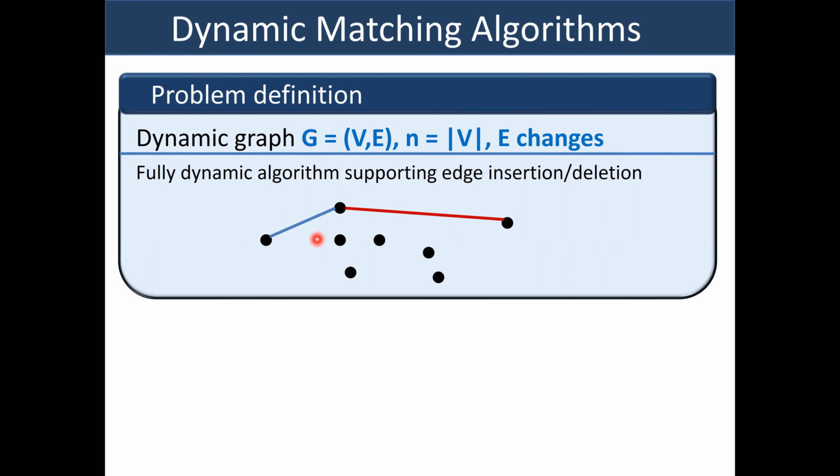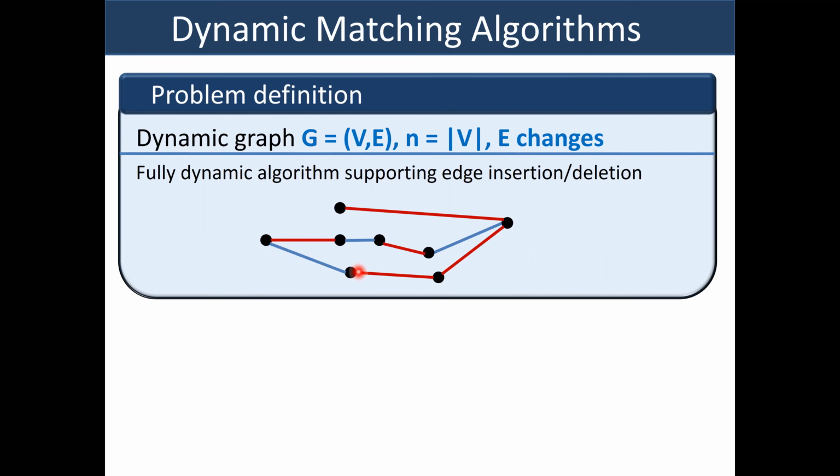This is already a maximal matching. The third edge comes, the algorithm adds it to the matching, and so on and so forth. And it's not like we have only insertions. Here's an example for a deletion of the matched edge. And then the algorithm can cope with this deletion by adding this edge to the matching in its place.